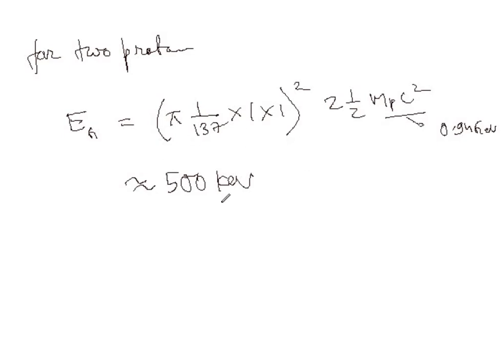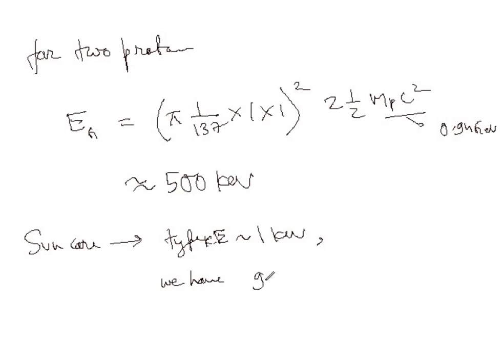So what does this mean? 500 keV. This means that for a typical kinetic energy of a particle in the sun's core, of the order of 1 keV, we have G of E of the order of e to the power minus 22.